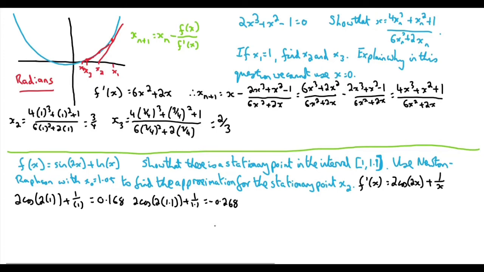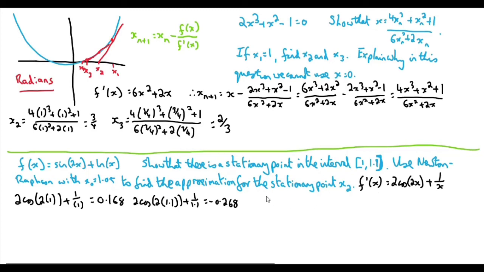Now then, because we're looking for the approximation for this stationary point, this differential is like our main function now. So in order to divide by the differential of the thing the x really belongs to, we're going to have to differentiate again. We need a second derivative.